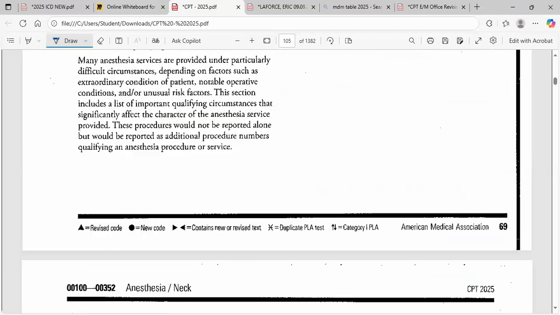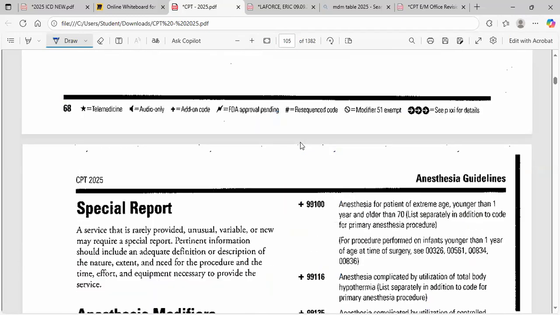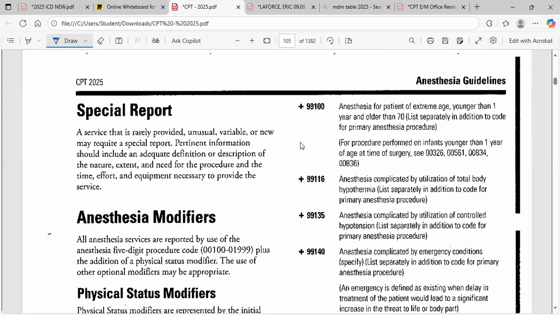Let me show you here. So these are the add-on codes. How have we identified that these are add-on codes? Because at the beginning of all the codes, we have the plus icon.